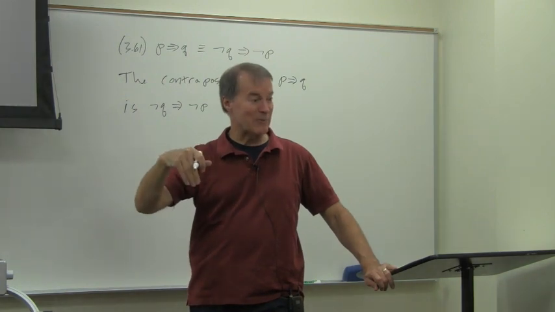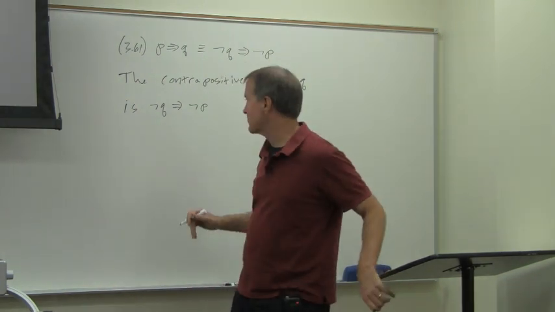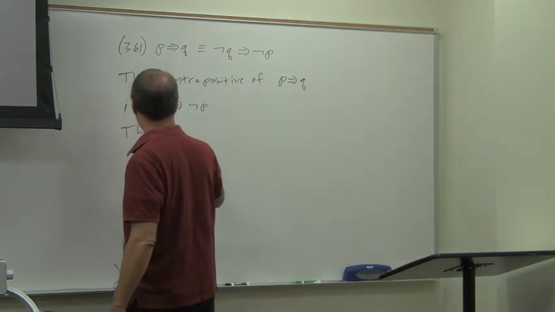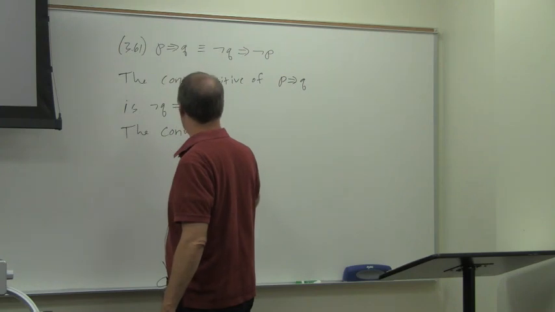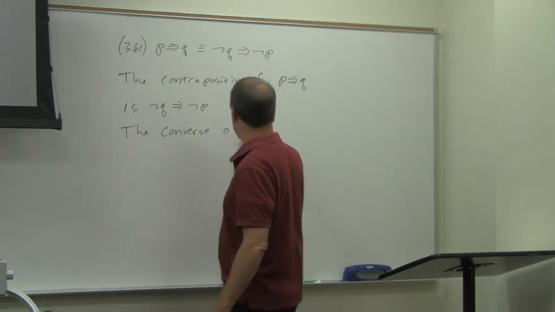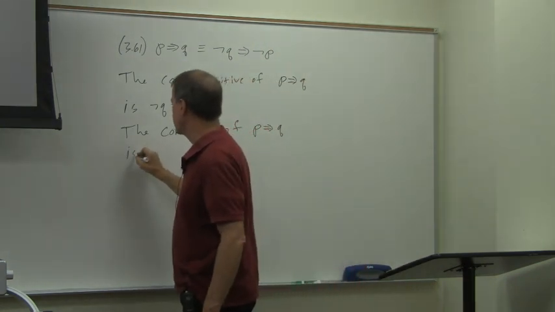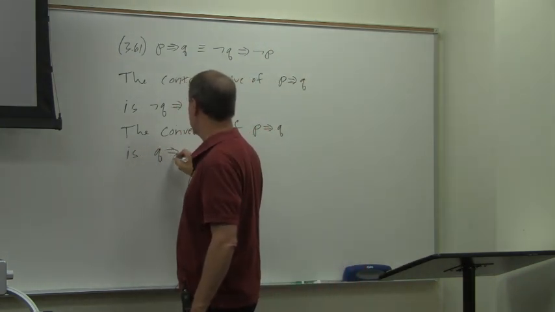In formal methods, the converse means something very specific. So let me write down what this is. The converse of P implies Q is Q implies P.